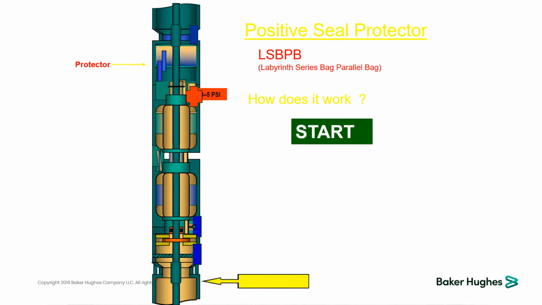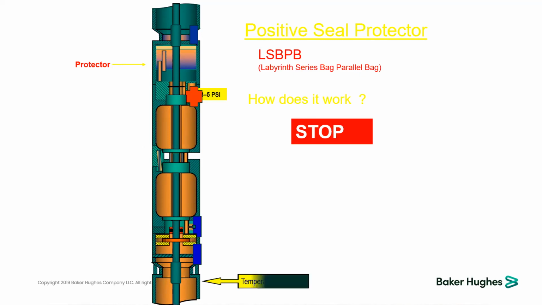So if you start again, the same process will happen again. The motor oil will go up, the bag will expand, and some of the motor oil will go to the outside of the seal section, and the labyrinth will accumulate.